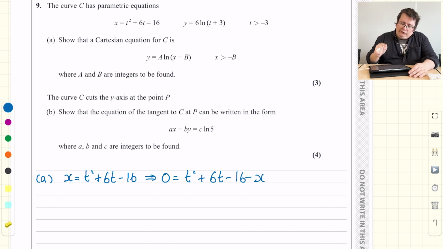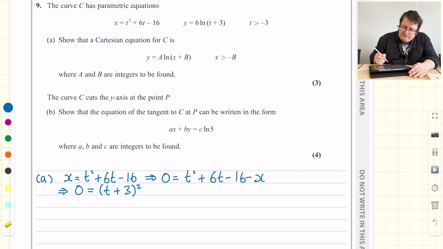Right, I'm going to complete the square on the right hand side. So 0 equals t plus 3 squared, take away 3 squared, so take away 9, and we've already got the take away 16, take away x there.